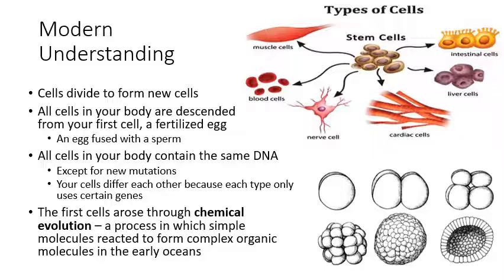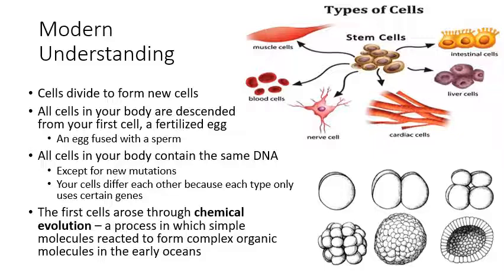And here's kind of our modern conception of cell theory. So our modern understanding of cell theory is not just that the cell is the basic unit of life and all life forms are made of cells. It's also that cells come from other cells. So spontaneous generation is not correct, and cells can only come from other living things, other cells.